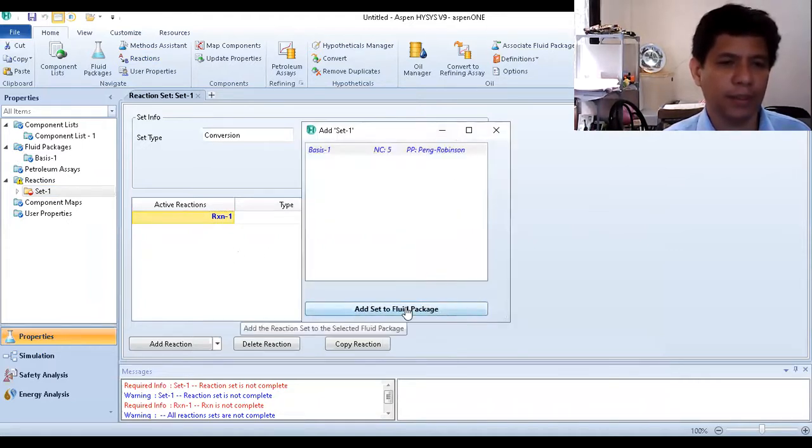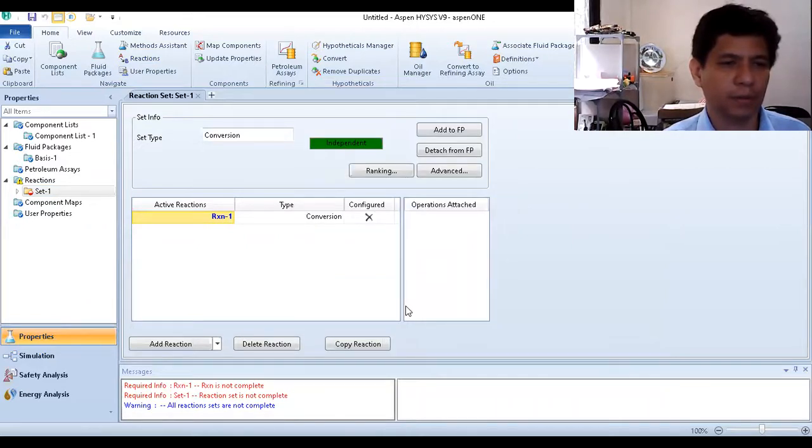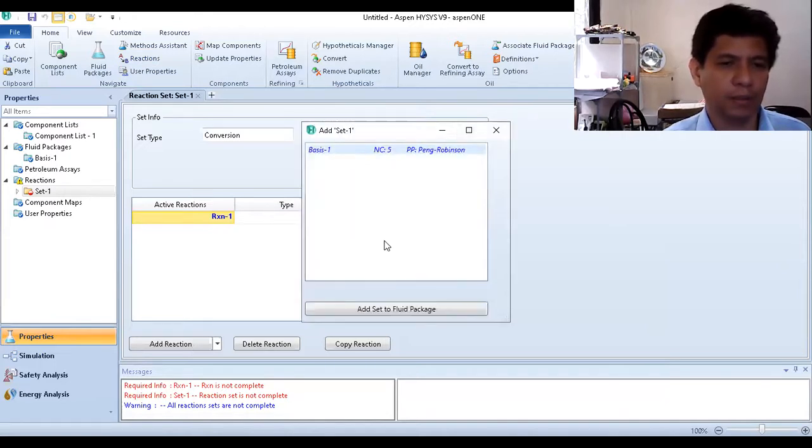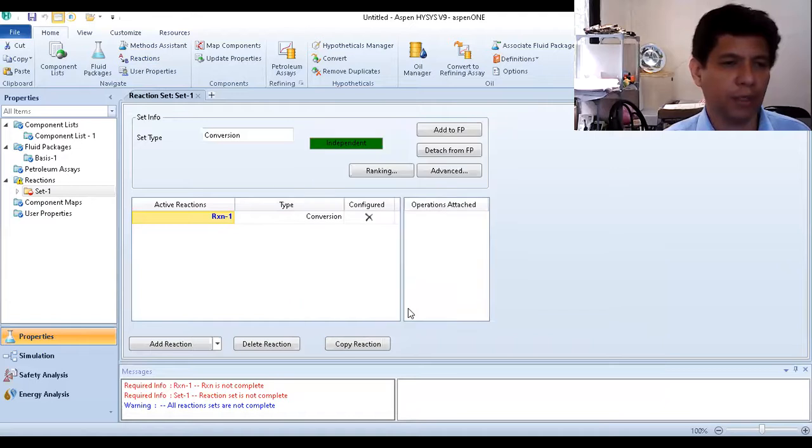And then another add set to fluid package. Okay, another add to FP. Add set to fluid package.